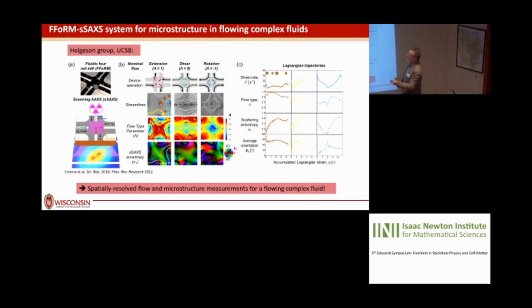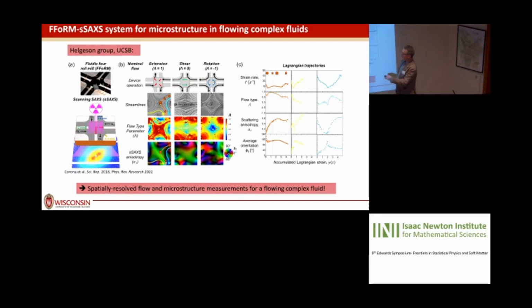Matt designed this so that you could do velocimetry in the flow, so particle tracking velocimetry. And you could also put this device in an X-ray scattering apparatus and do scanning X-ray scattering. So here are streamlines from the device.